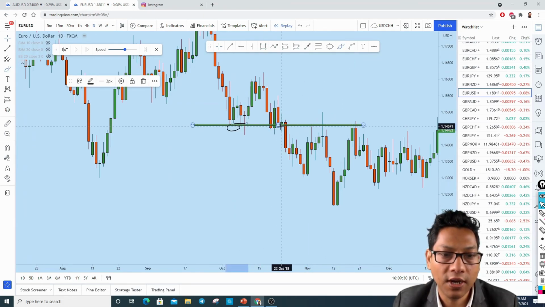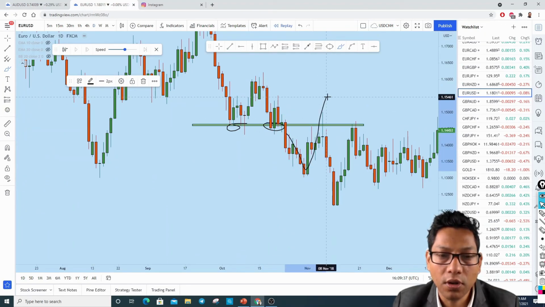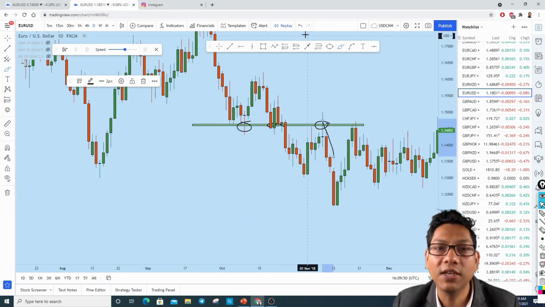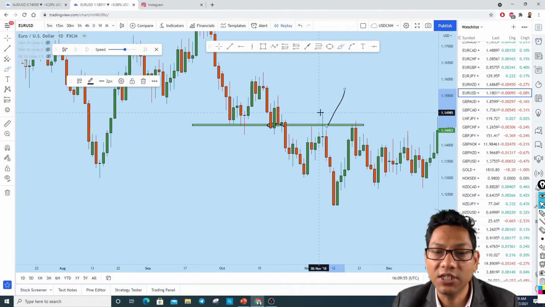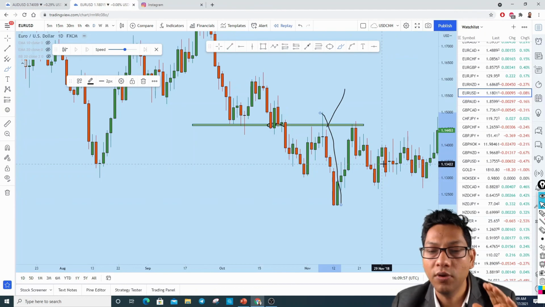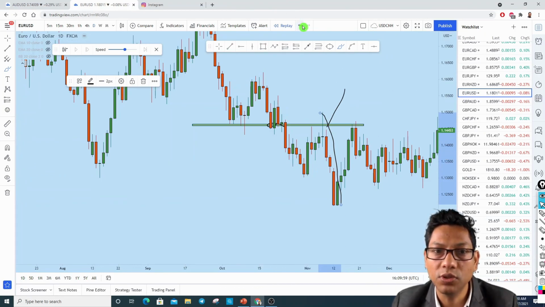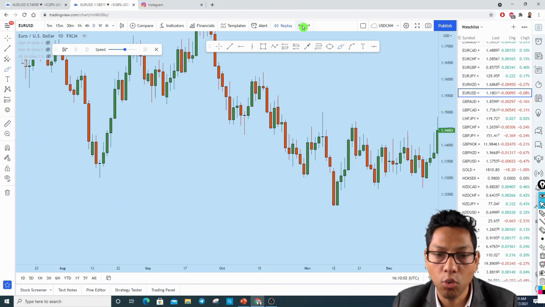The price found support here, then broke above this support, tested it as resistance, and was rejected. The price came below the resistance. That means the price cannot go up, the higher price is rejected, and you can trade down from this zone. So that is how you can trade long wick candles.